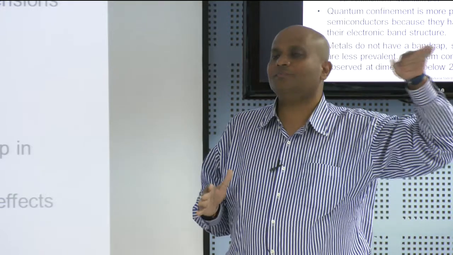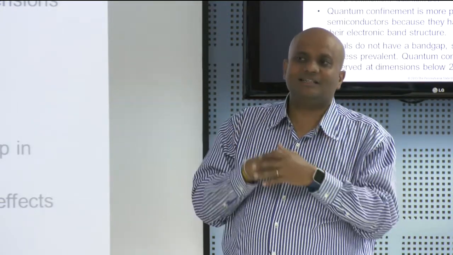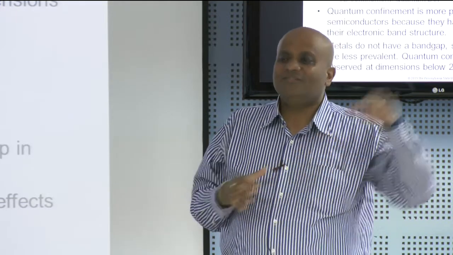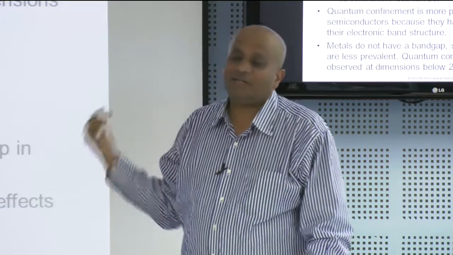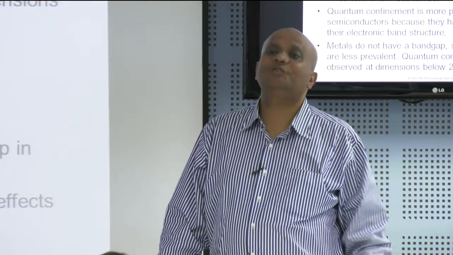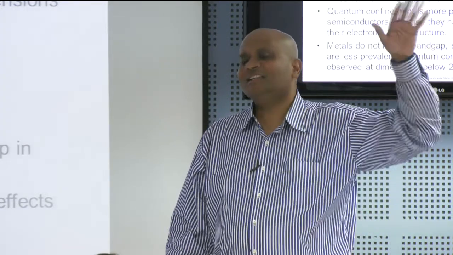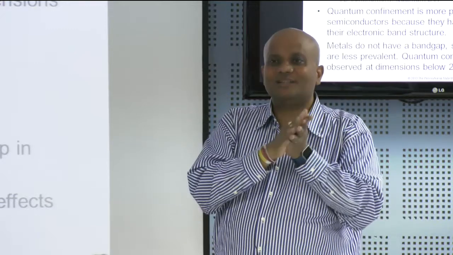So when we make something small, say you are looking at something's melting point. For silicon, the melting point, the number I remember, is 1400 degrees. If you make silicon smaller, it still remains 1400.